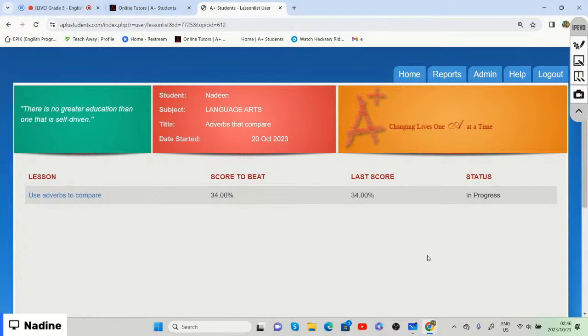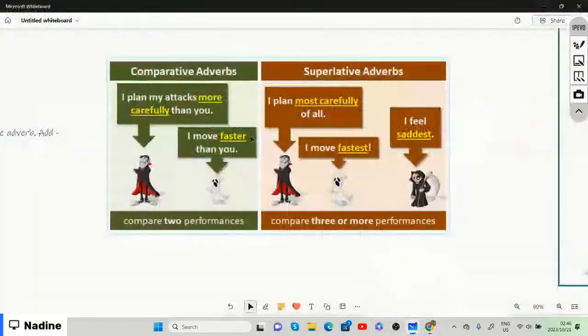So just before we end off, remember we said we're going to go back. If we again look at the comparative adverb and the superlative adverb, if it has more than one syllable, then we either say more carefully to show basically two actions that have been done, or we say most carefully to refer to three or two or more actions that are being done.